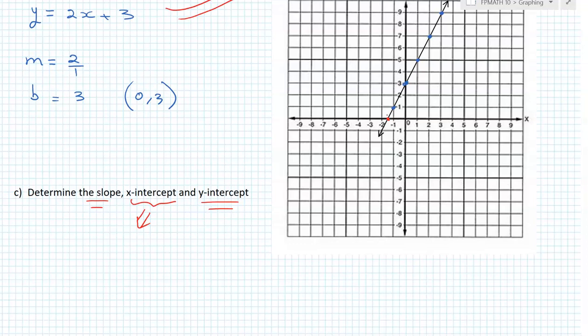So remember, to get the x-intercept, you set the y value equal to 0, and then you solve the equation for x. So let's go ahead and do that.